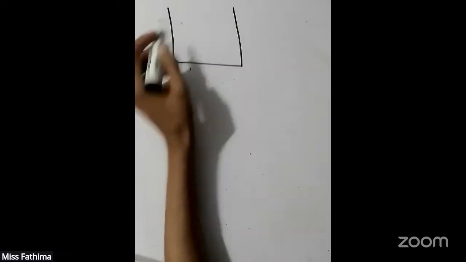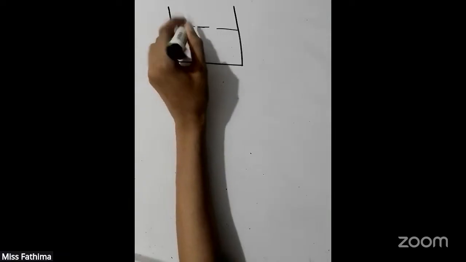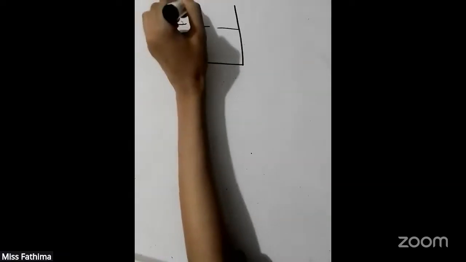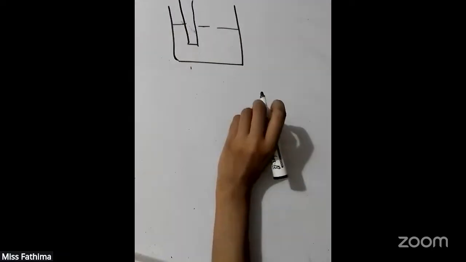Now as I told you, let me take an electrochemical setup. In an electrochemical setup, you will have two electrodes. Let me draw it a little below.